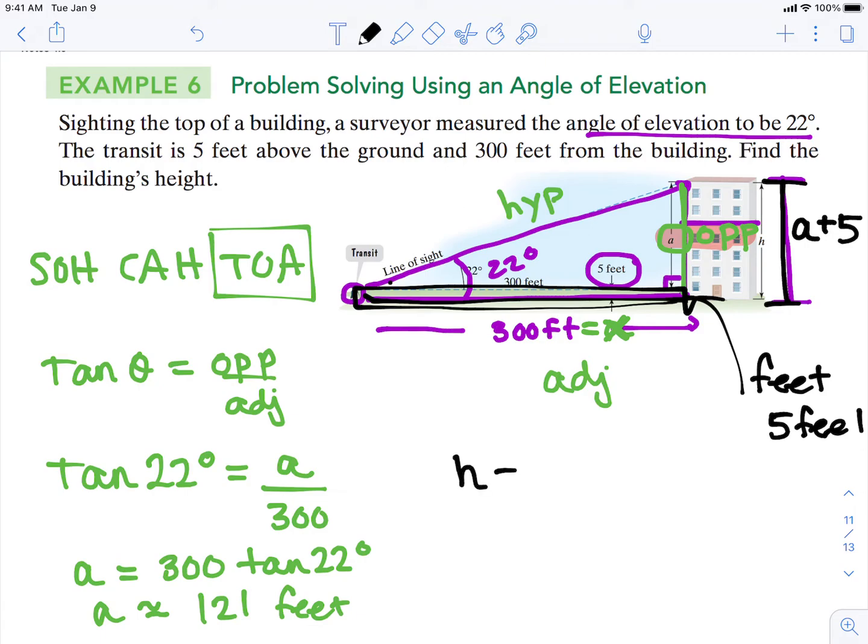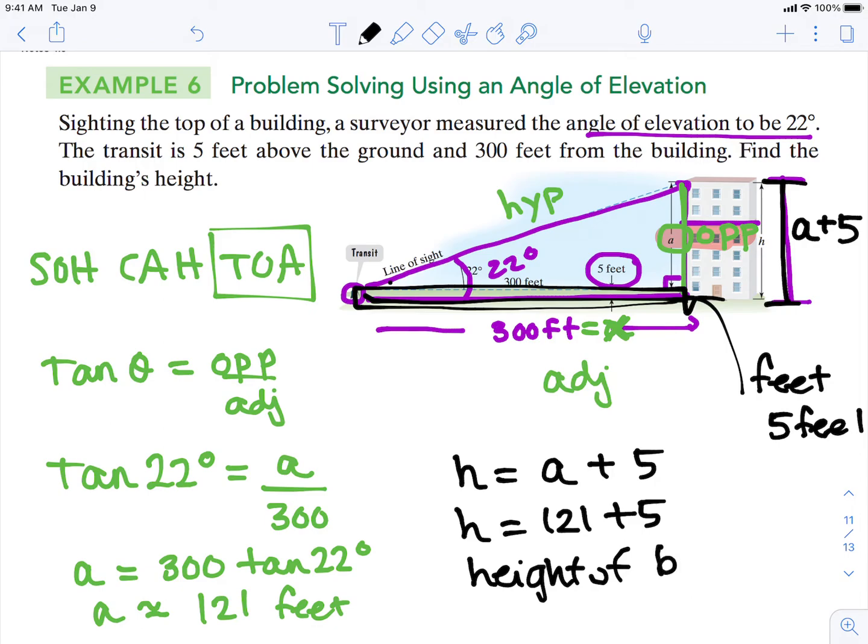So the height of the building is length A plus 5 feet. So that length A is 121 plus 5. So the height of the building is 126 feet.